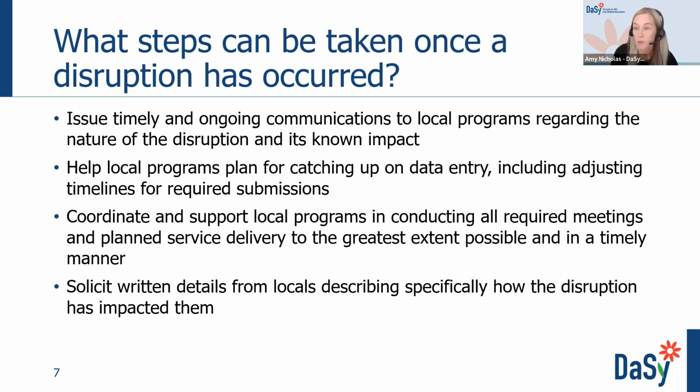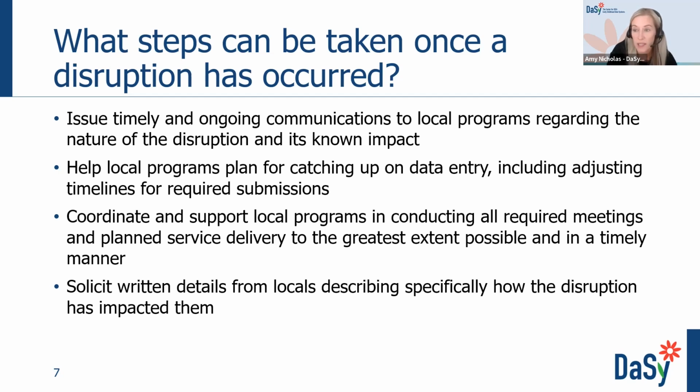Help local programs plan for catching up on data entry, as we mentioned, including adjusting timelines for required submissions or things like invoices for contractors, coordinating and supporting local programs in conducting all of their required meetings and planned service delivery to the greatest extent possible and in a timely manner, even if actual data entry for those encounters may be delayed until the system application is available again.